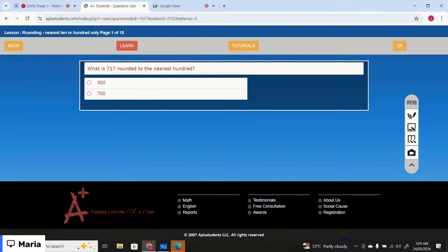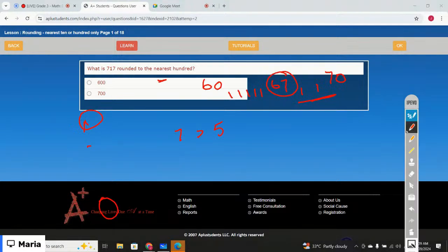What is 717 rounded to the nearest 100? You need to round it to 100, right? And here is the hundredth digit. 7 is at the 100 place. Right next to 7 is 1. Compare this number to 5. 1 is less than 5.